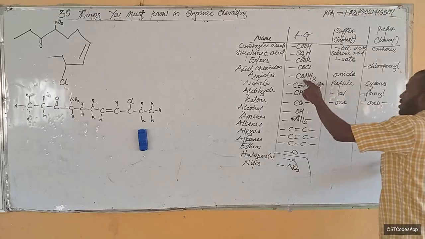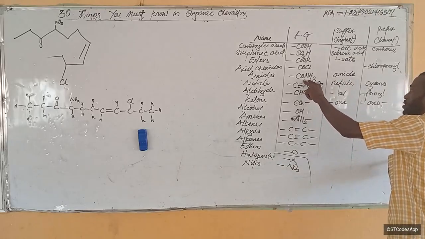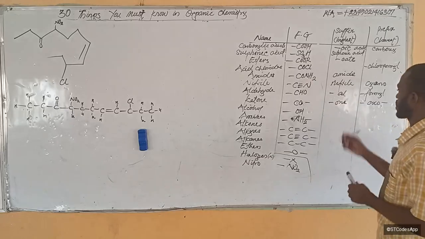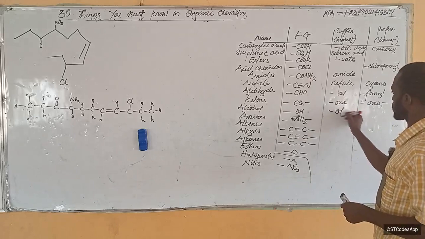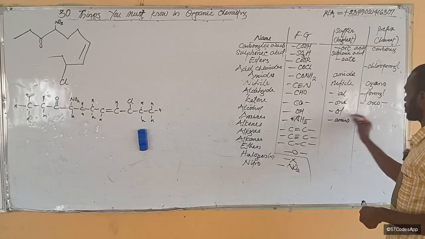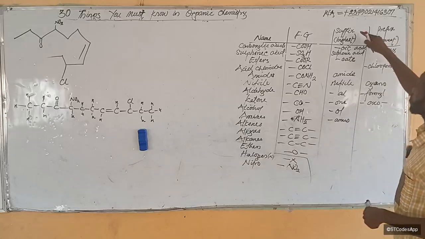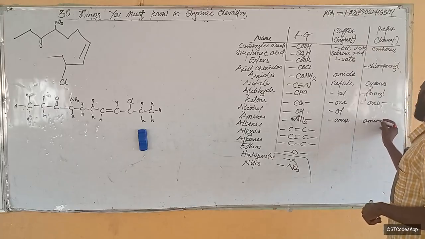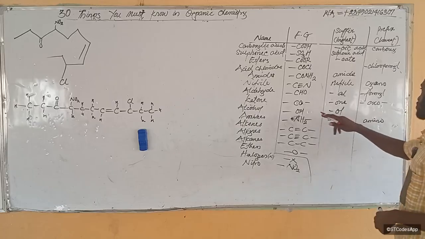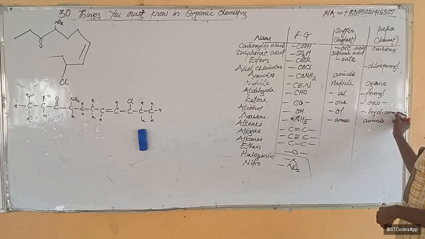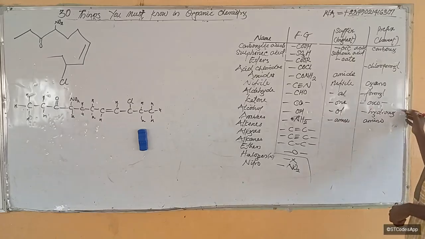This one, amide, and this one, ol. This one, amine, or amino, sorry. No, the suffix will be amine. Then this one will be amino, okay. Then for this one it will be hydroxy, not hydroxyl, but hydroxy.